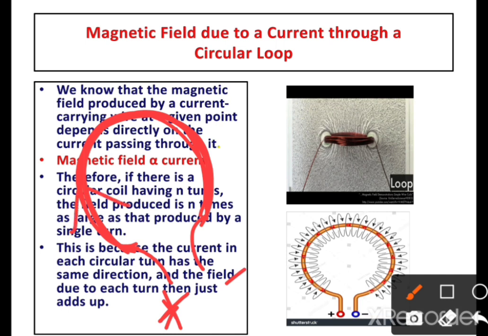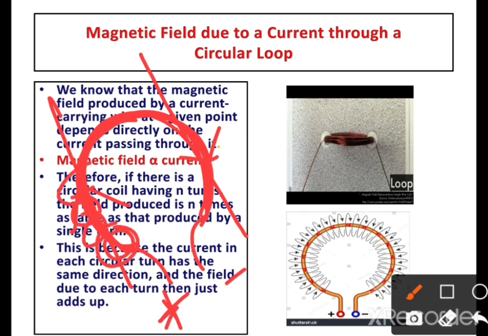So the current direction for all the 6 wires on this side is upward. On this side the current is downward. So each and every turn produces a magnetic field, and the current direction is also the same, so we can add all the magnetic fields. When we add all the magnetic fields for 6 turns, the strength of the magnetic field is large compared to the single turn.